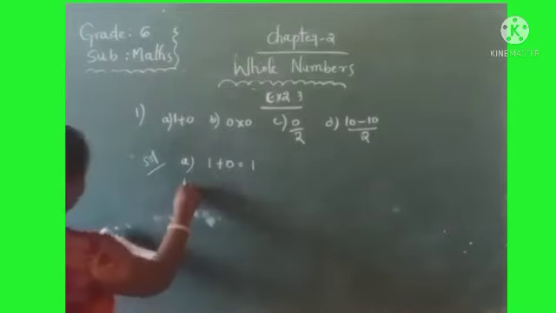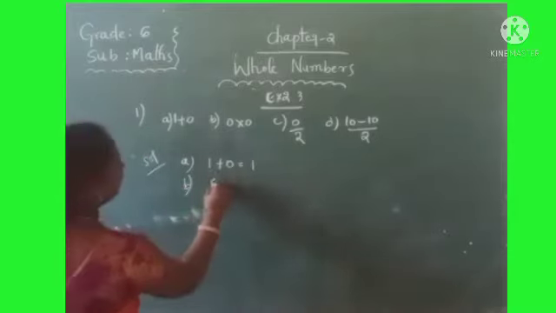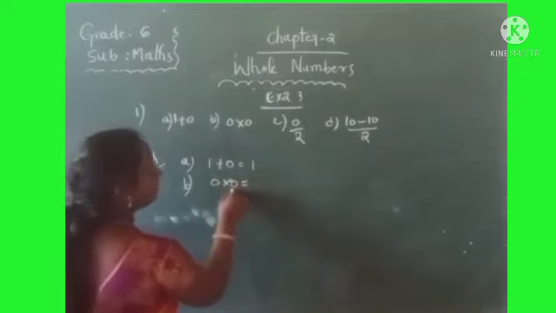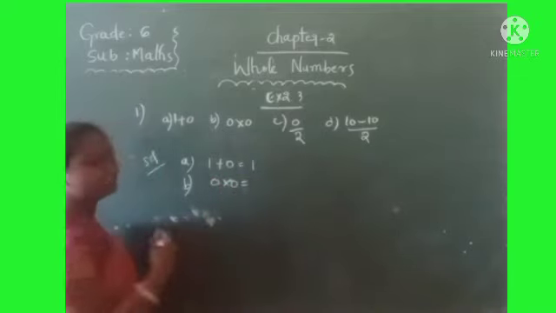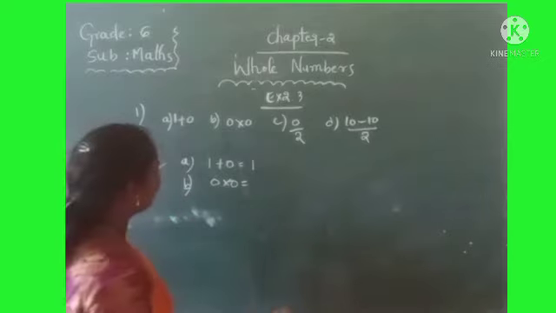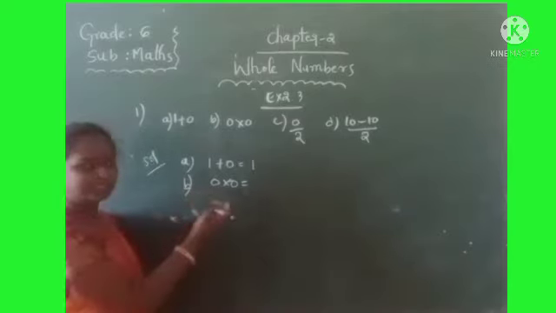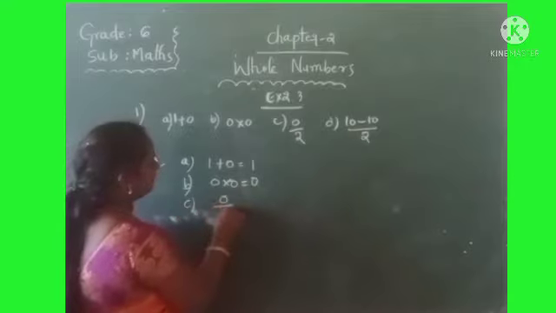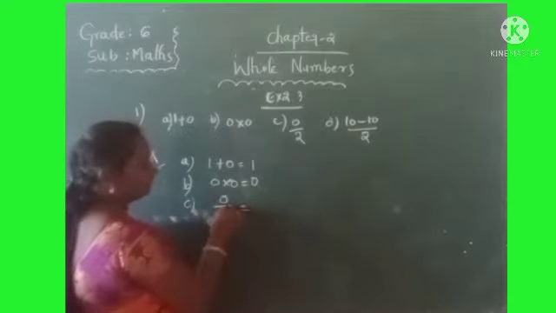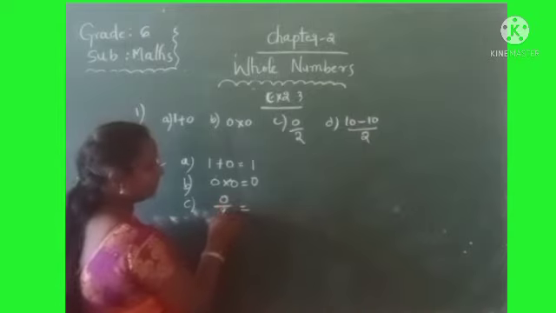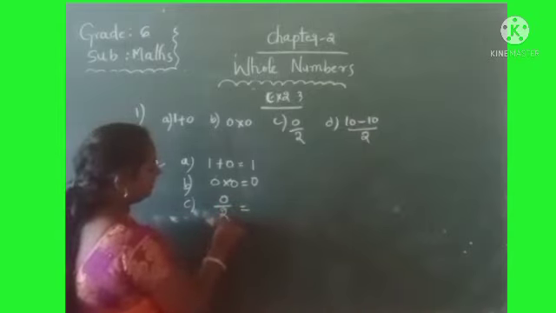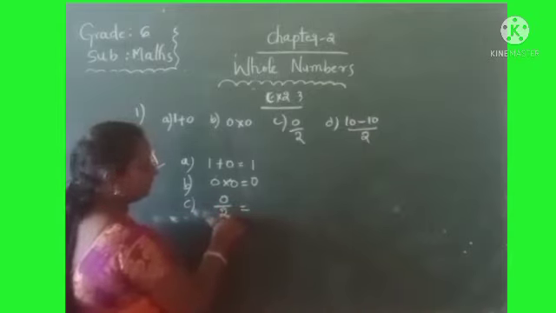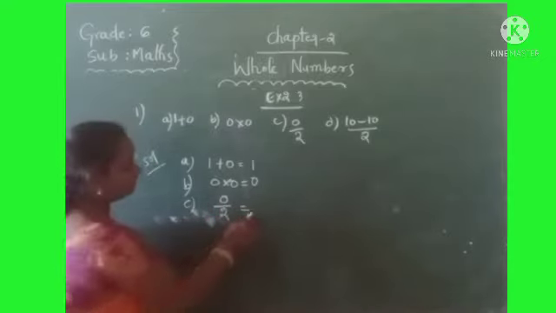Come to the second one: 0 into 0. If you multiply any number by 0, here two zeros are multiplied, 0 times 0 is 0, so it is giving 0. 0 by 2: 0 divided by 2, the denominator is 2, and the value is equal to 0.